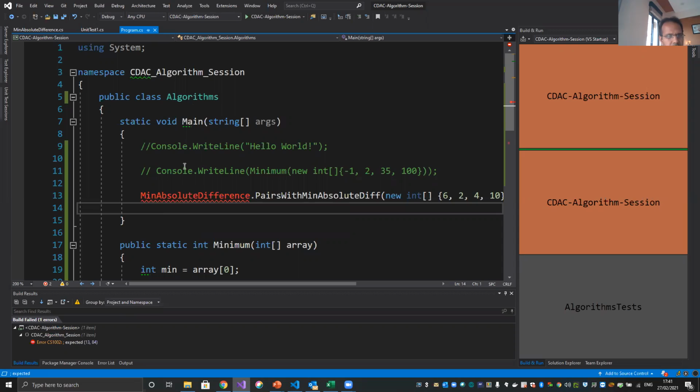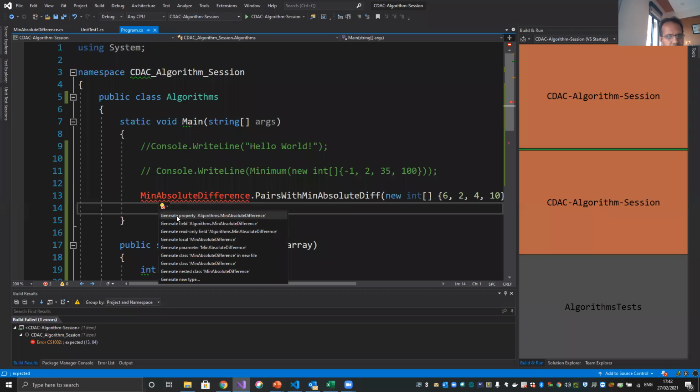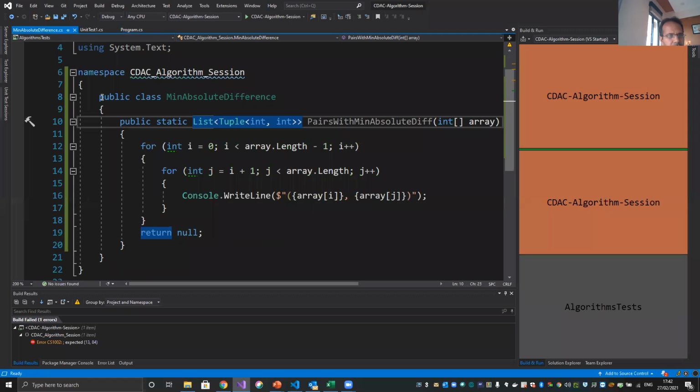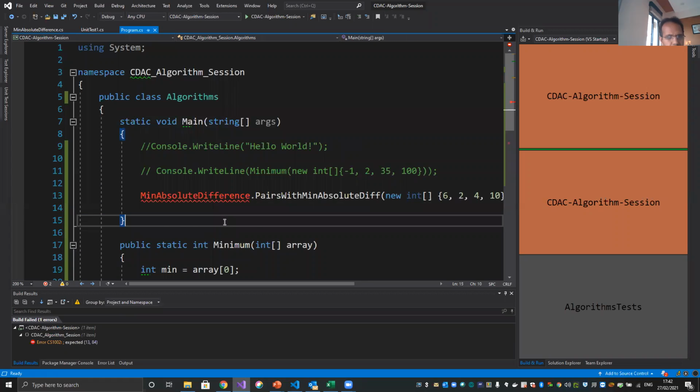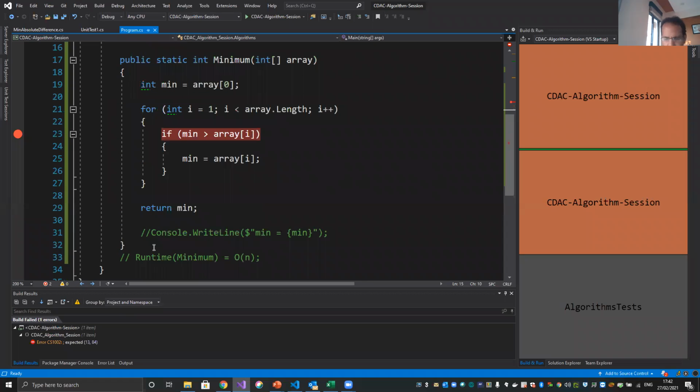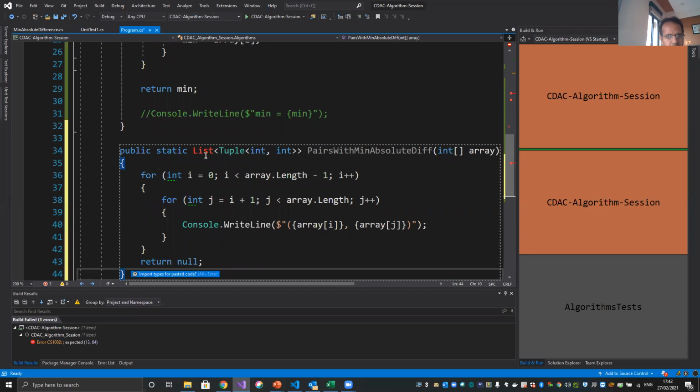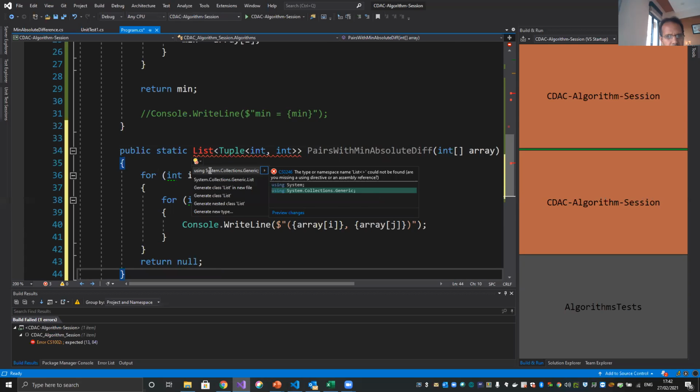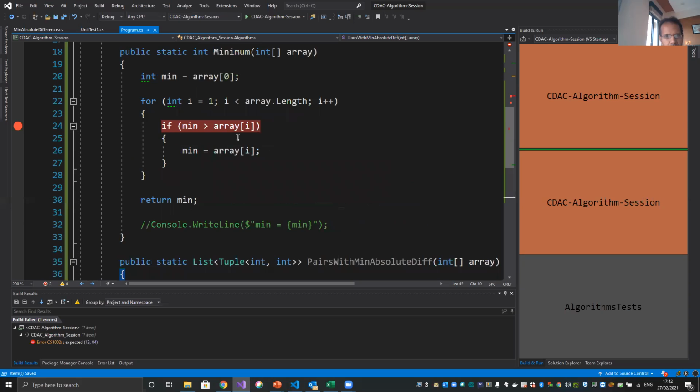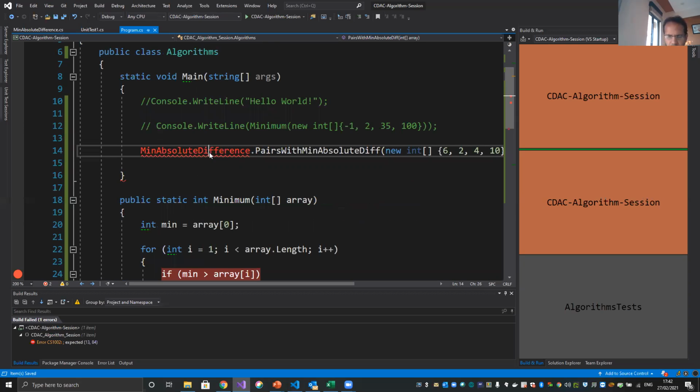Public static class. Okay, let's not waste time on this. Let's copy this for a moment here so that it starts working. We need to use System.Collections.Generic. Yeah, there's a missing semicolon.